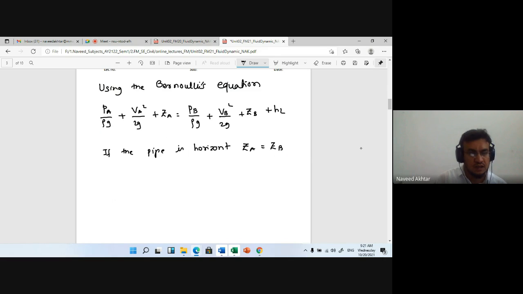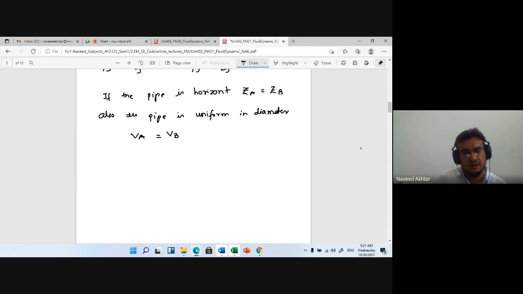Also, the pipe is uniform in diameter. There is no change of the cross-section area of the pipe. It means that the velocity of flow is also the same, VA is equal to VB. So what will remain?